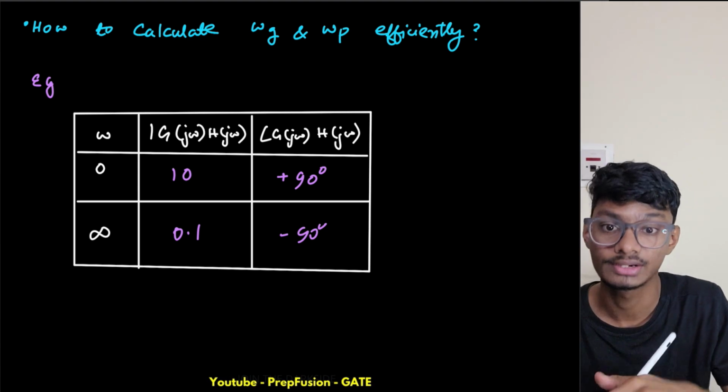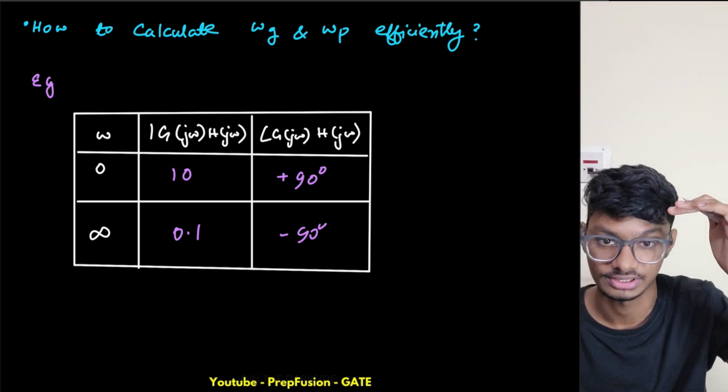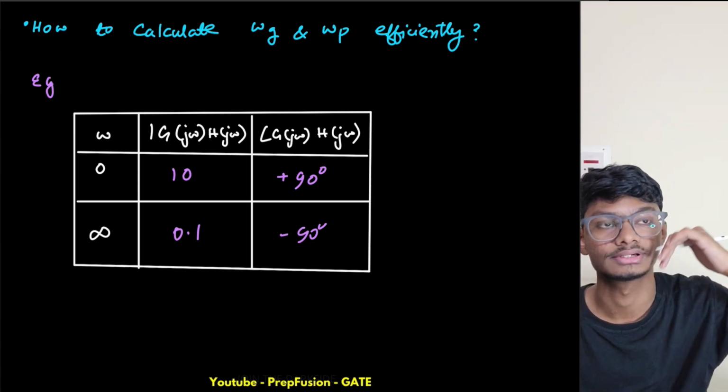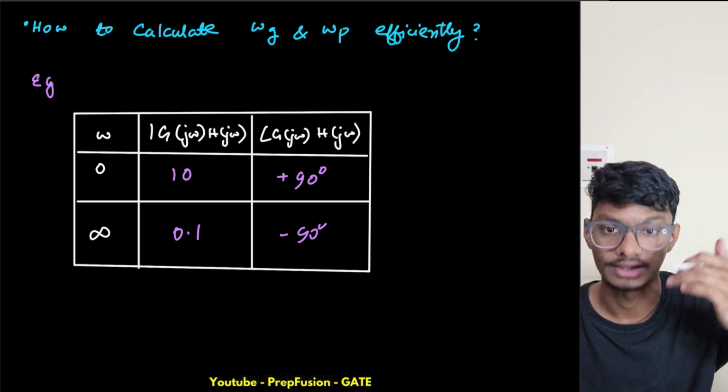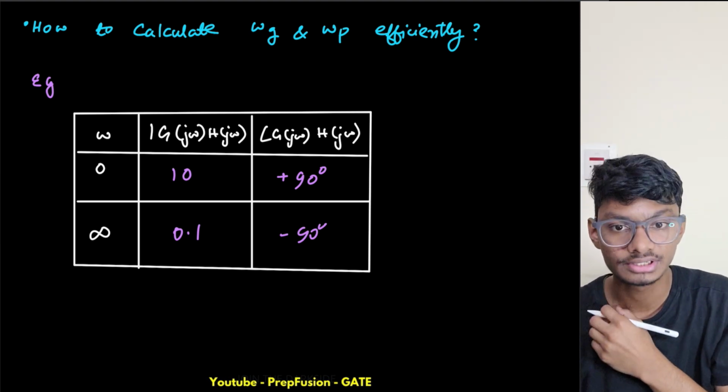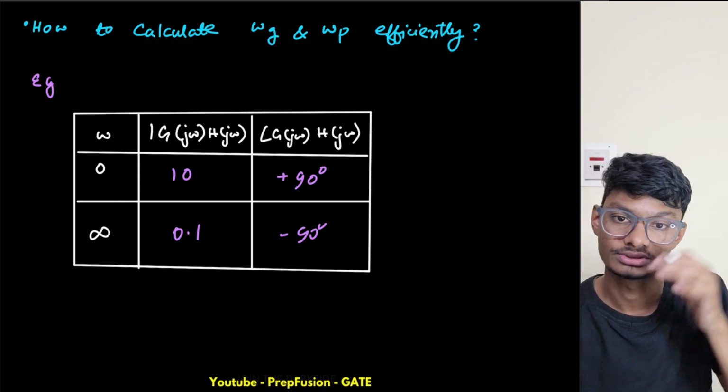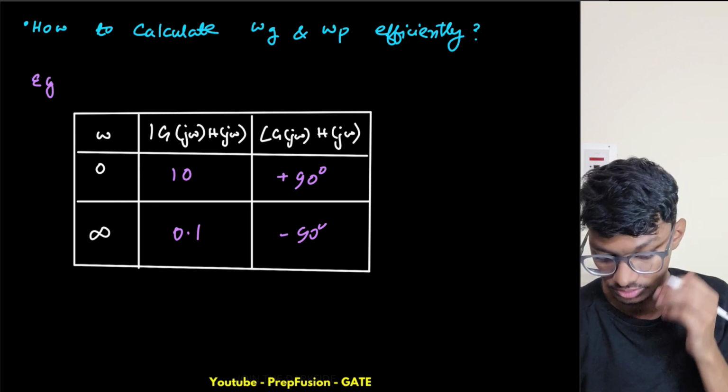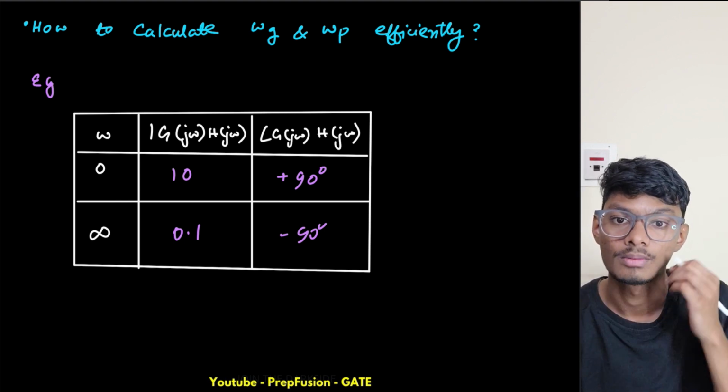This is in general. It may not happen if there are zeros present, because at the start that zero will contribute a positive angle and there will be issues. So in general, towards the end, my OLTF is a monotonic function.